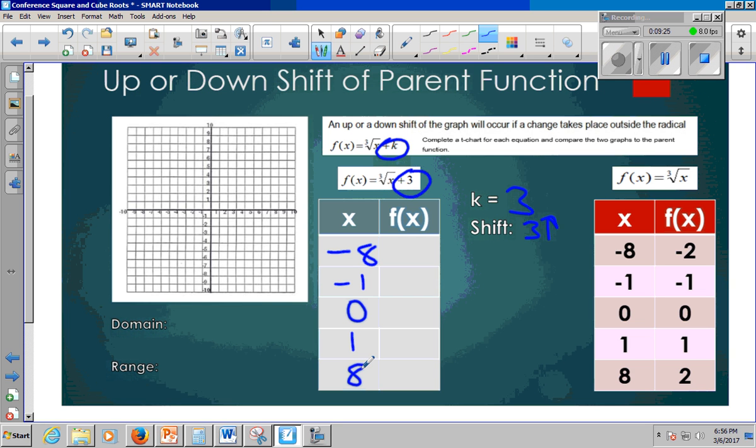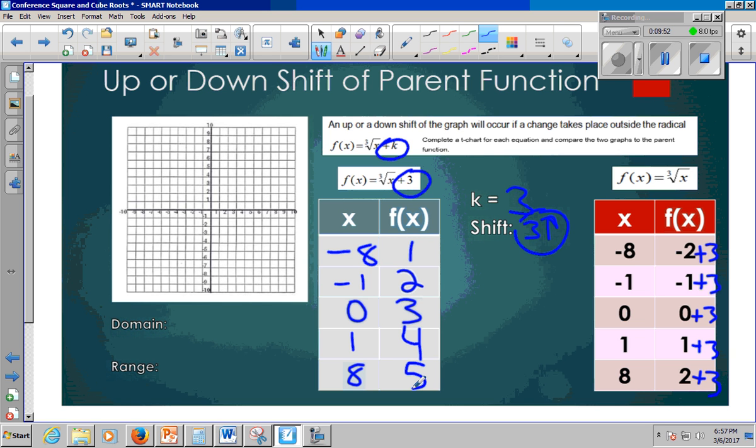And what we're going to do, we're going to add 3 to all of our y. Okay, so -2 plus 3 is 1. -1 plus 3 is 2. 0 plus 3 is 3. 1 plus 3 is 4. And 2 plus 3 is 5.